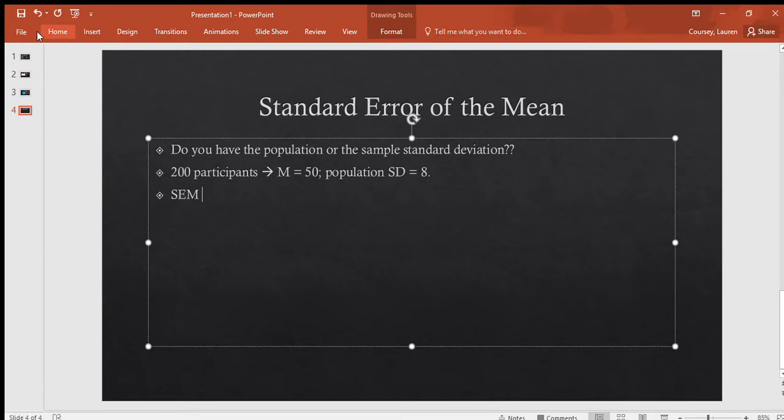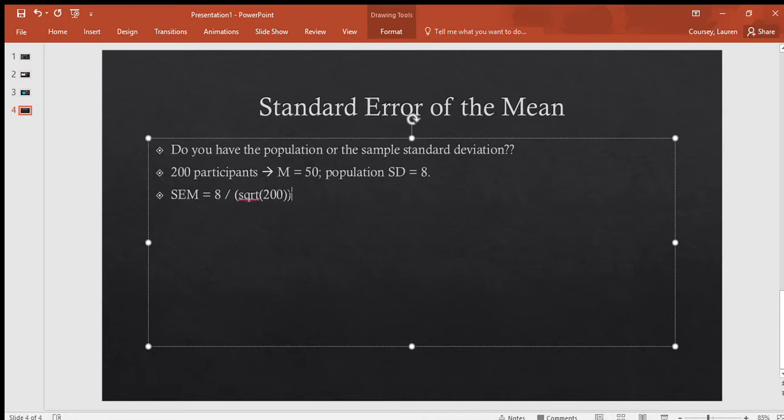So to calculate the population standard error of the mean, I would take my population standard deviation of 8 and divide that by the square root of 200.